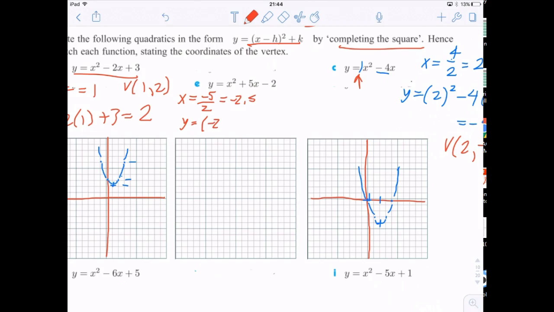So here it's going to be -2.5 squared plus 5 times -2.5 minus 2. And so the y-coordinate could be -8.25. And so the form of the equation is going to be y equals (x plus 2.5) squared minus 8.25. It's plus because it's minus a -2.5.